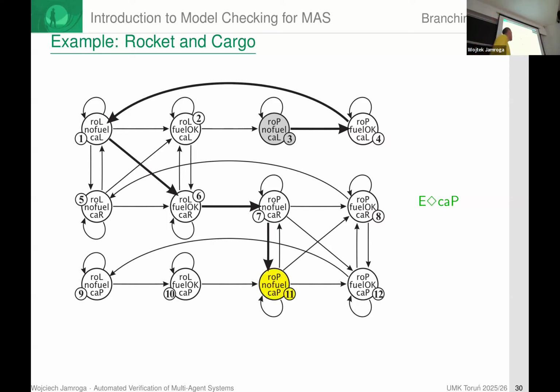Okay, so we have found the path from the initial state that indeed reaches this atomic property saying that the cargo is in the depot in Paris. For mathematical completeness, we need to have an infinite path, so we can add any continuation, maybe just the loop here or anything else, but it doesn't matter, right?